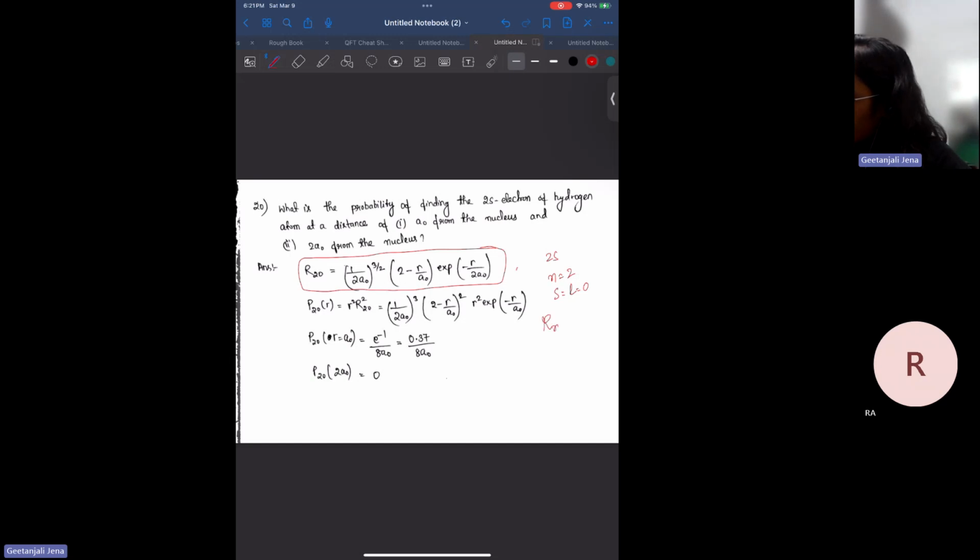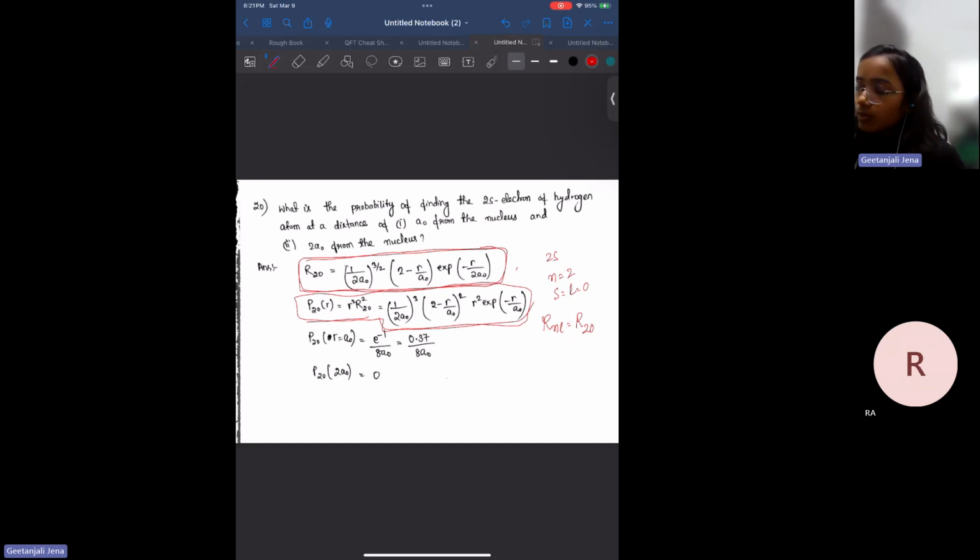So R_nl is nothing but R_20. So this expression will be given to you. So R_20 is this. So what you have to do is you have to calculate the radial probability density, which is r square multiplied by this radial part. So now the final expression is this. So you got this radial probability density.